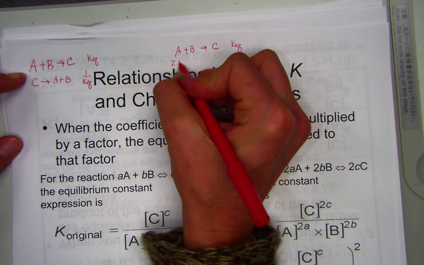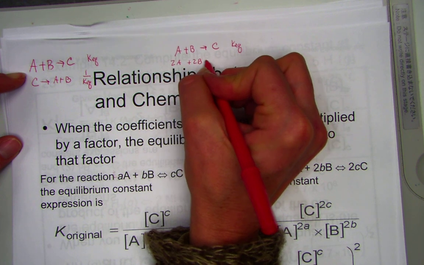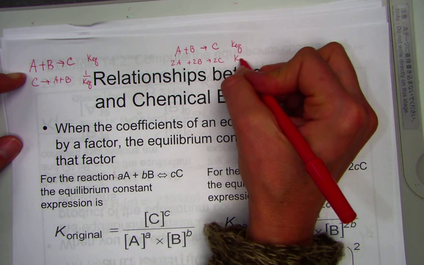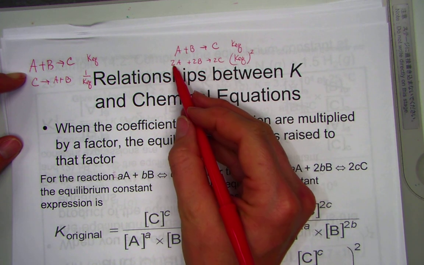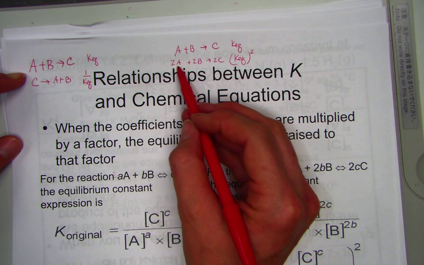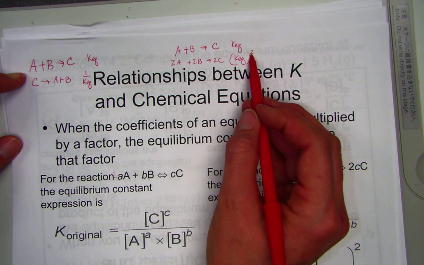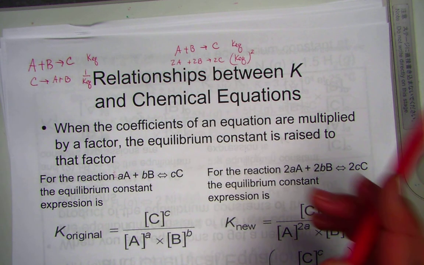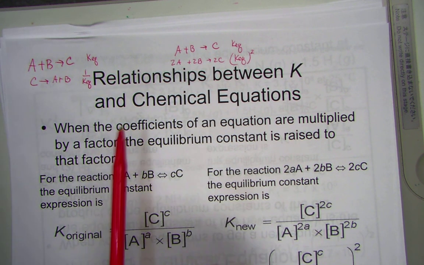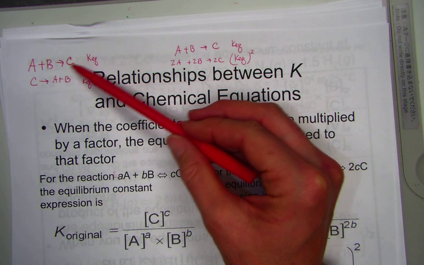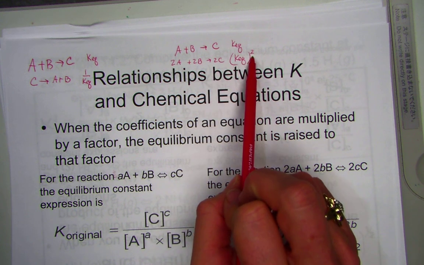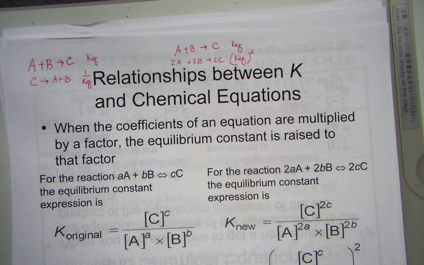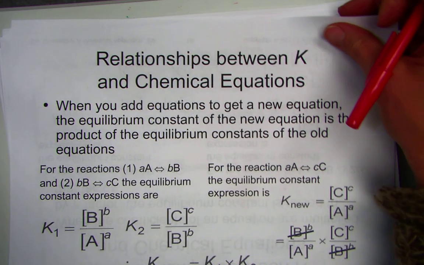But now I double it. 2A plus 2B goes to 2C. It's that original equilibrium squared. If I tripled A, B, and C, then I would cube. All right, so those are the 2 rules we know so far, kind of leading into some Hess's law. If I take the reverse, I take the reciprocal. If I distribute a coefficient, I'm going to square it or cube it or whatever that coefficient is that I distributed. I'm going to raise it to the power to find the new value.